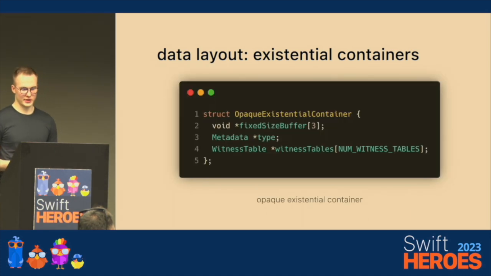If there is no class constraint, which you can achieve by using AnyObject on the protocol, or a protocol composition type basically, the existential container has to accommodate a value of arbitrary size and alignment.